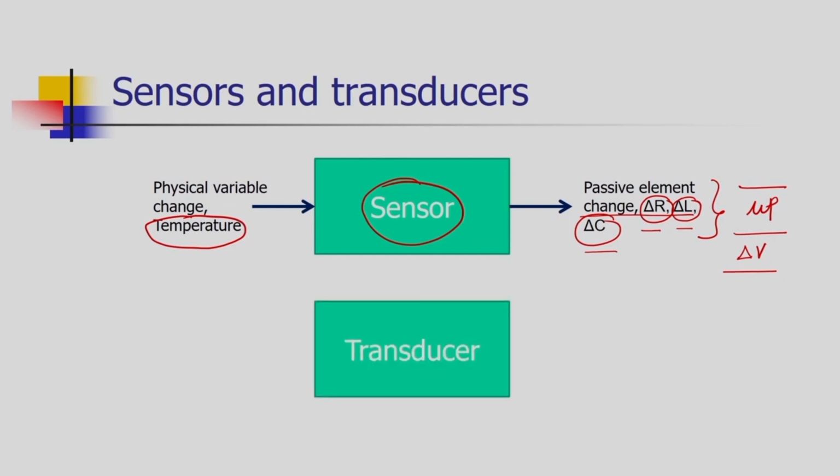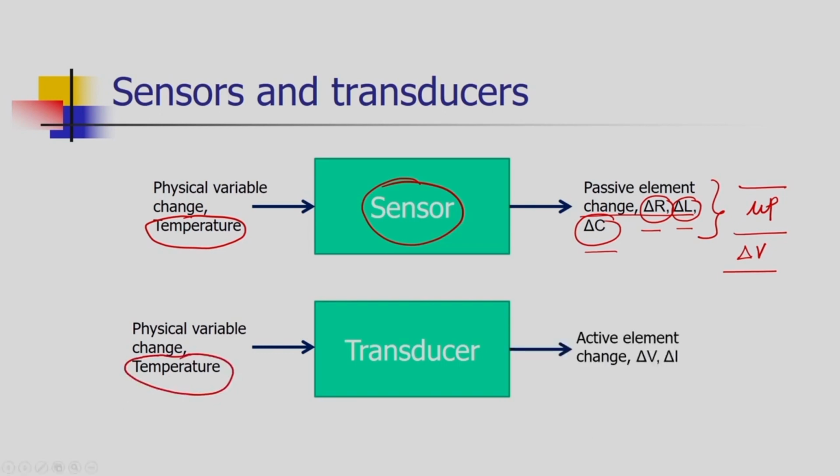Transducer by definition is a device which converts one form of energy into the other form of energy. Again the physical variable is temperature, but it is generating the signal as delta V and delta I. So, delta V is voltage and delta I is the current.